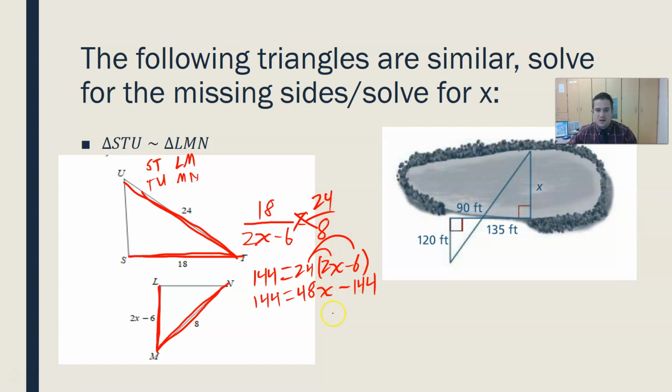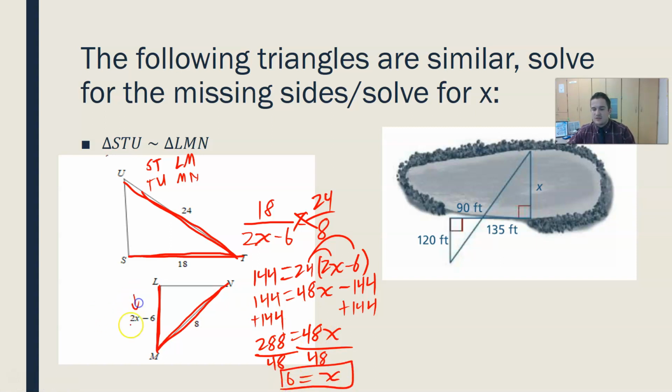We'll add 144 on both sides, which gives me 288 equals 48x. If I divide by 48 on both sides, 288 divided by 48 gives x equals 6.